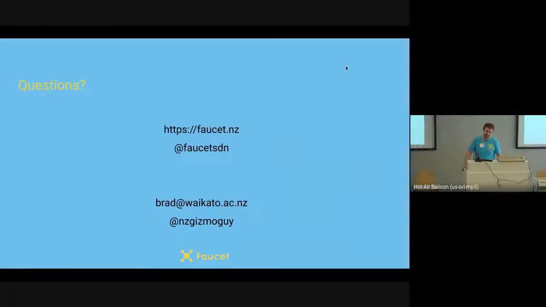Any questions? Yeah, the direction we're going for Faucet is that we prefer you to use this sort of stack thing, because it just makes our lives so much easier.